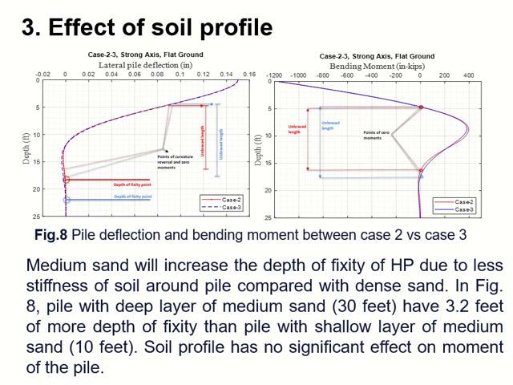In figure 8, we compared case 2 and case 3, where case 2 has a denser soil profile than case 3. We can observe that the pile with the shallow soil layer of medium sand has 3.2 feet more depth of fixity than the pile with the deeper soil layer of dense sand. Soil profile has no significant effect on moments of the pile.